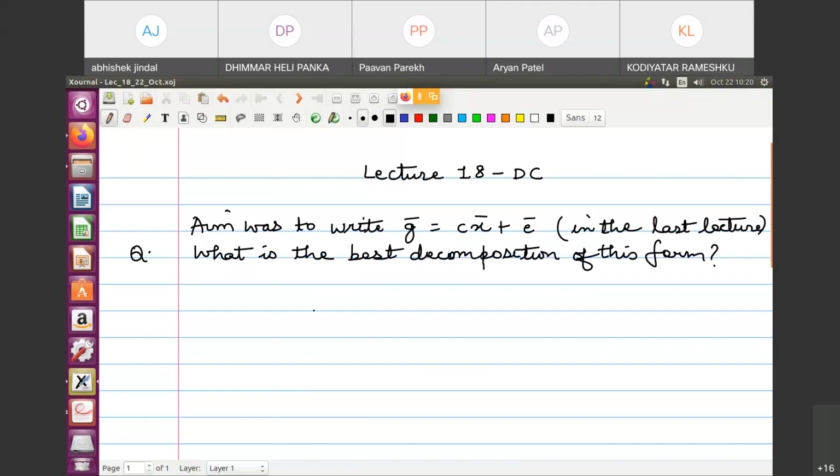So first of all, we need to argue that the concept of optimality depends on what we wish to accomplish.